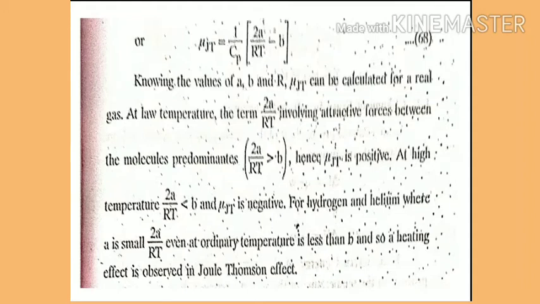And at higher temperature, b will be larger than 2a upon RT, so mu_JT is negative. It means the Joule-Thomson coefficient is negative.